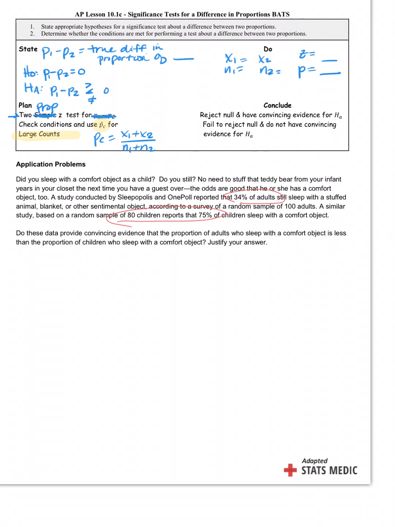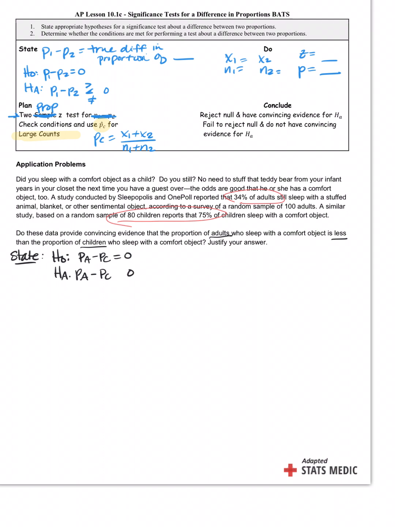All right, so let's do our state step. Maybe for you, the easiest thing is to start with the hypothesis and then define? I don't know. So let's think about this. The proportion of adults is less than the proportion of children, right? So if I do the proportion of adults minus the proportion of children, the null is equal to 0. Now if adult is less than children, which inequality should I be using here? Greater than?